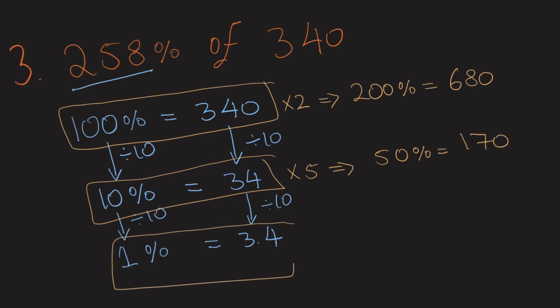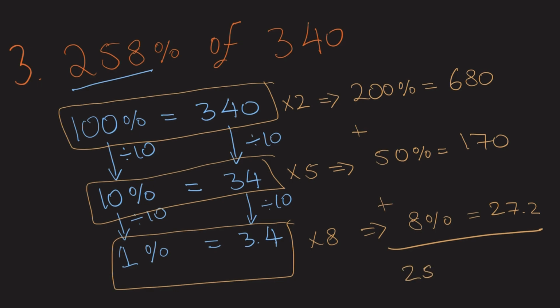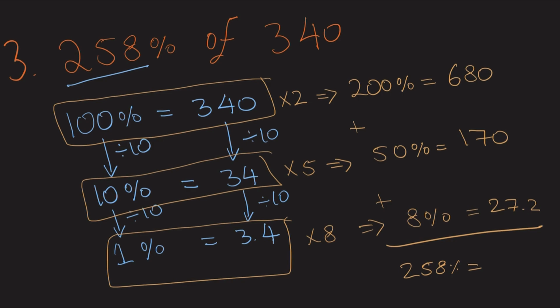And in this last row, I'll times everything by 8, which will get me 8% equals 27.2. And if you add all of these together, you get 258% equals 680 plus 170 plus 27.2, which equals 877.2.